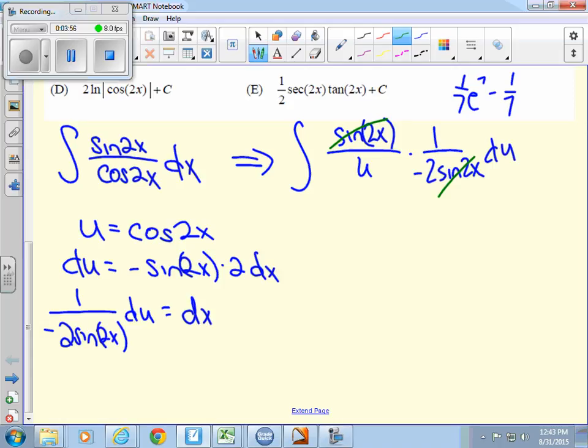The sine of 2x cancels itself out. So I get negative 1/2 integral of u to the negative 1. That's where I got the u to the negative 1. That problem on last night's homework where the e to the u had the negative in front and ended up on the bottom is because it was e to the negative u, because it was on the bottom.